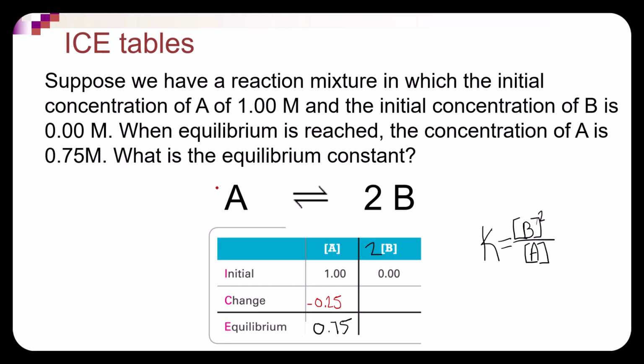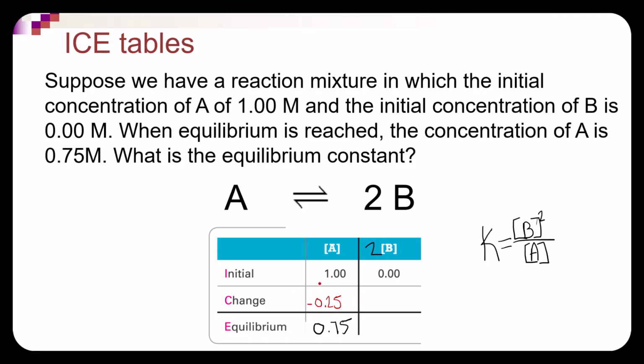It means that we used up 0.25 moles of A to create B. We started with 1 mole, we used up 0.25 of those moles, and we still have 0.75 left over.